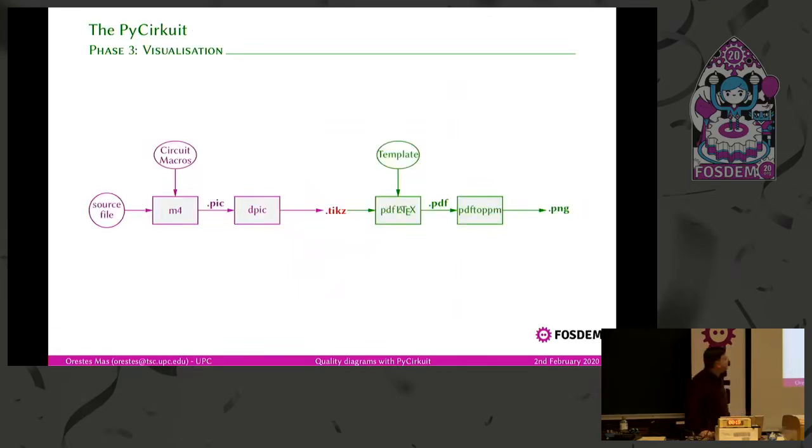So here the two steps I mentioned earlier are depicted in FOSDEM violet color, and you end up with a TikZ file, which you can embed in a minimal LaTeX document and process to obtain a PDF file, and then this PDF file is processed again to obtain a raster file, a PNG file in this case, to visualize it.